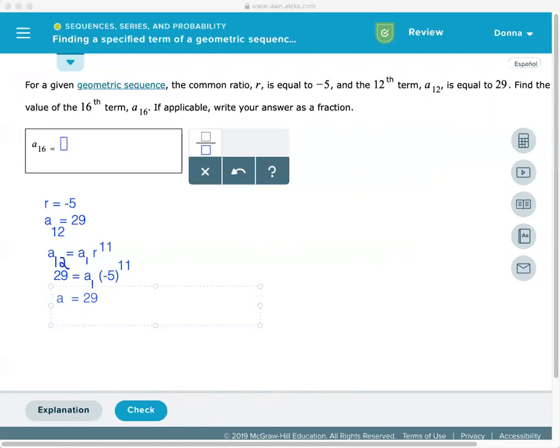And since I have -5 raised to an odd power, I know my answer is going to be negative. So I'm going to capture that negative in front of the 29. So now I know that A1 is -29 over 5 to the 11th power.